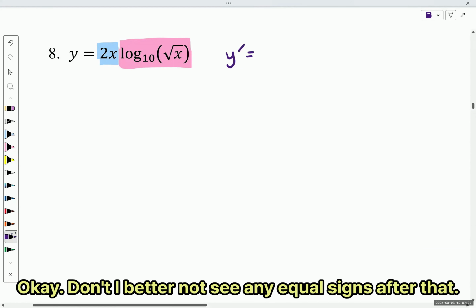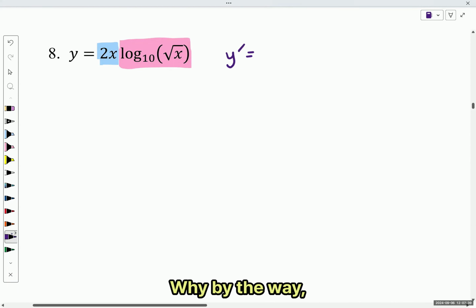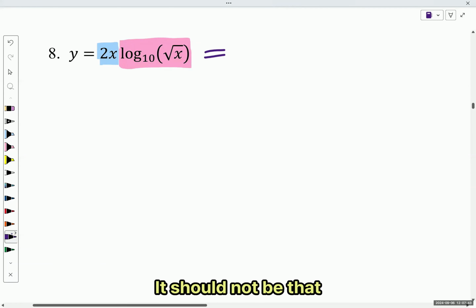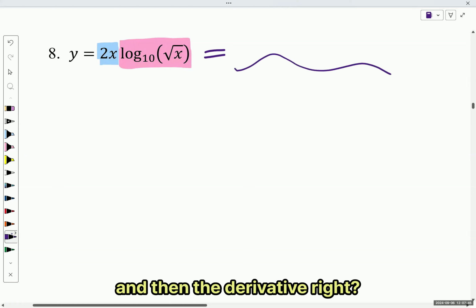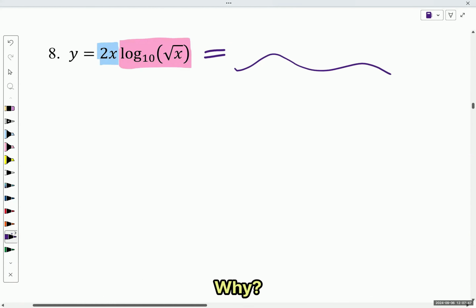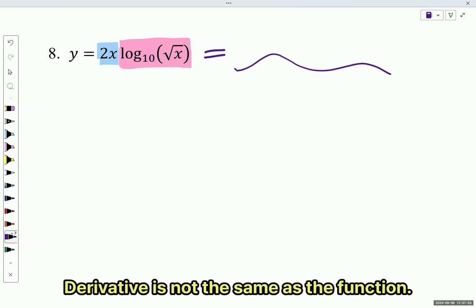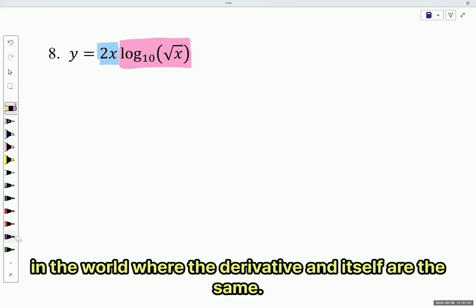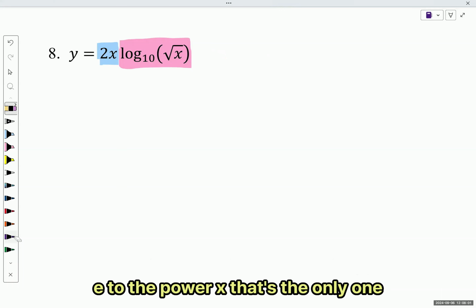I better not see any equal signs after that y, by the way. It should not be that and then the derivative, right? Why? The derivative is not the same as the function. There's only one function in the world where the derivative and itself are the same: e to the power x.